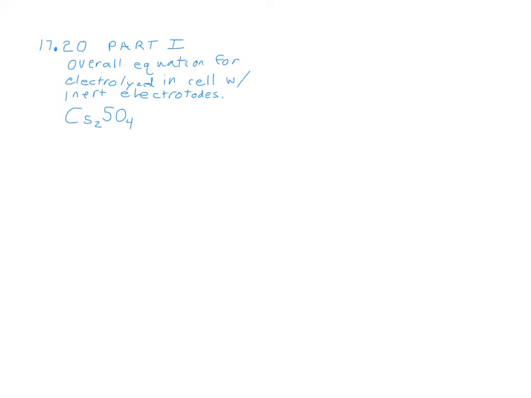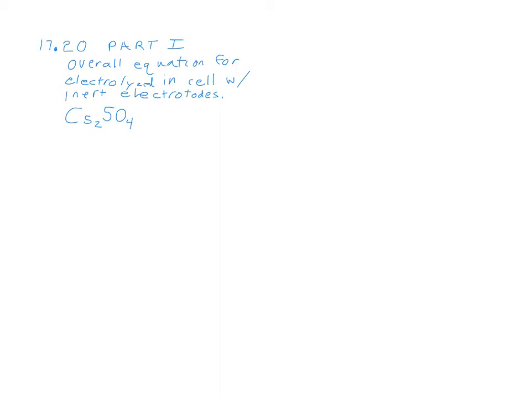All right, let's take a look at 17.20, part I, where we're supposed to write the overall equation for a solution of cesium sulfate electrolyzed in a cell with inert electrodes.